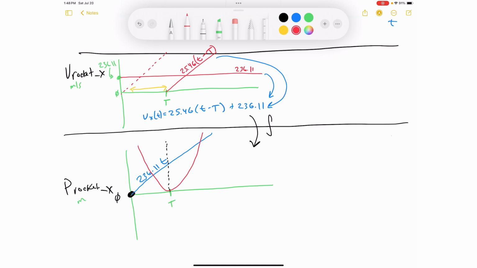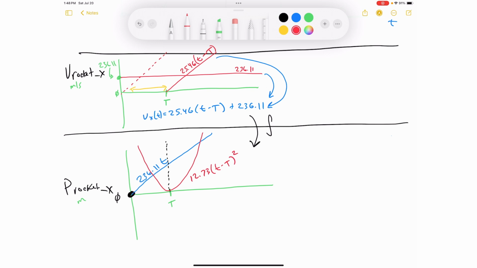So it becomes 12.73 times little t minus big T squared. Okay, and so there you go.